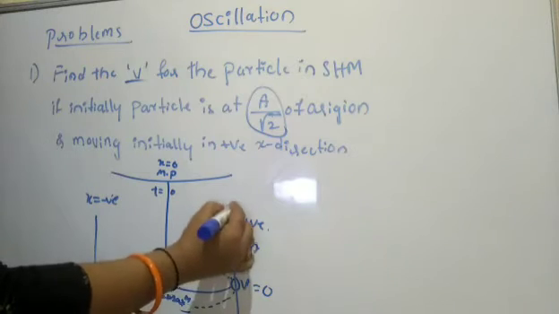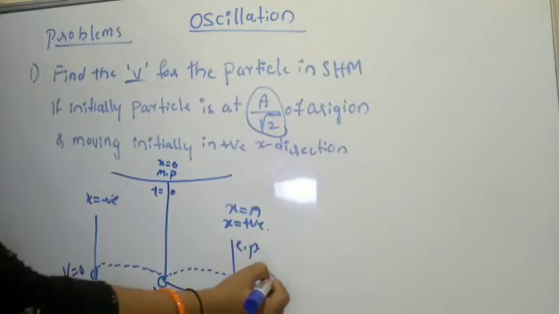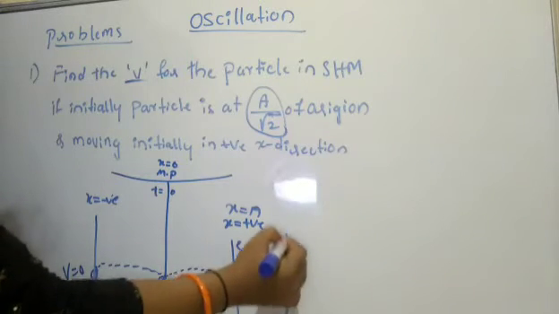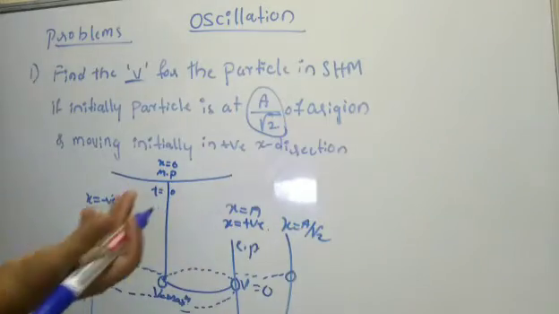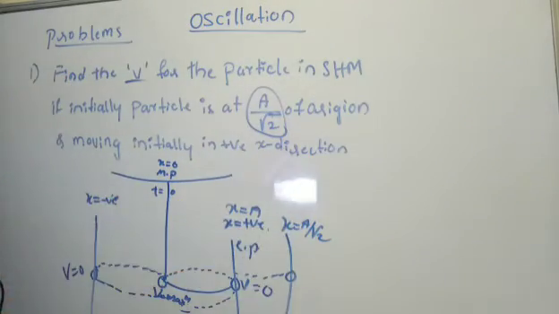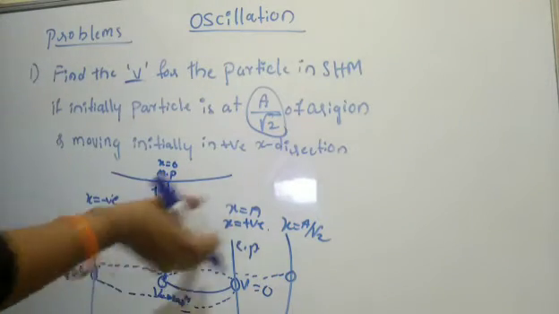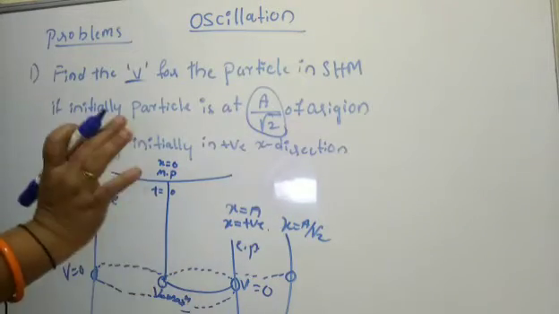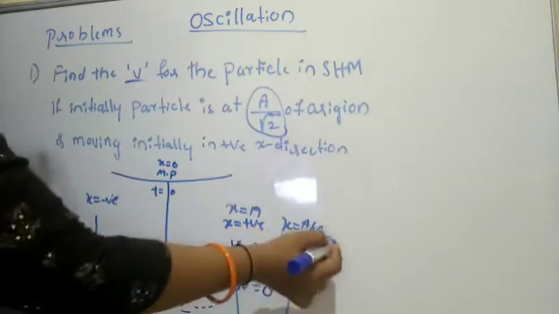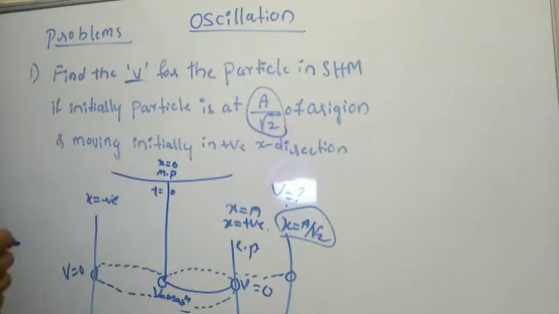So if x would be a, its next position is, we are assuming, x equal to a by root 2. You can take it after the extreme position or before reaching the extreme position, whichever you like, but x is given. We need to find the velocity for this position. That is the question here.